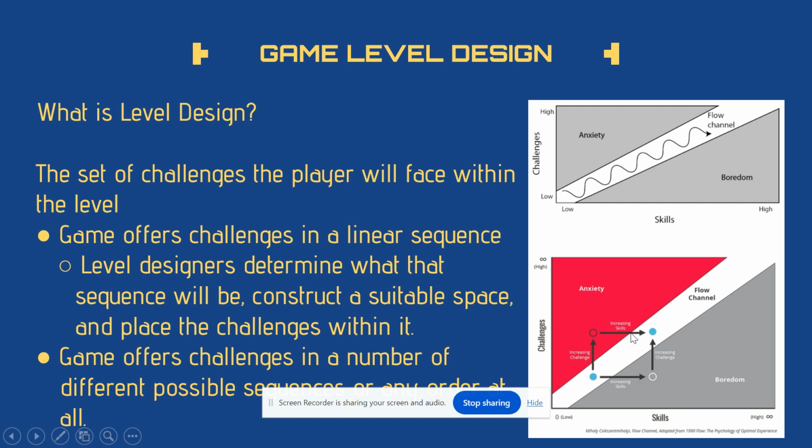But what we require in game level design is not only anxiety, but in the middle of it we are increasing skills, increasing challenge, increasing skills, increasing challenge. That's what we do. So basically we do the CIC, challenge, innovate, challenge. So this will make your good game design, by increasing the skill and increasing the challenge. So you are avoiding the boredom.